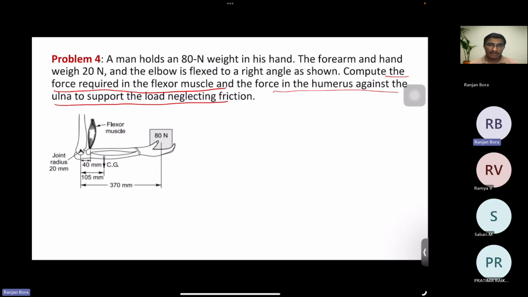First, draw the free body diagram of the hand. Okay, so we need to isolate the hand.